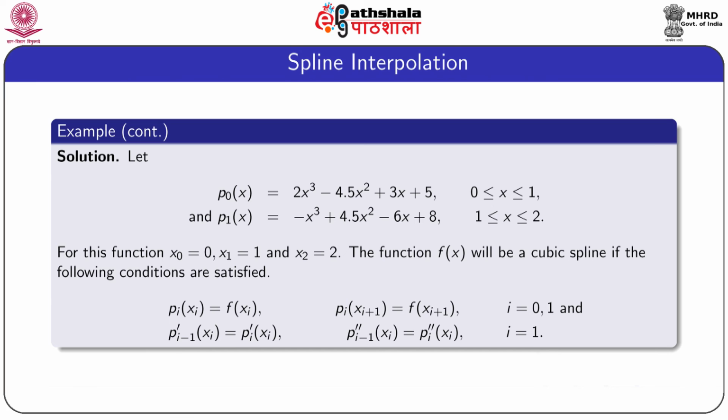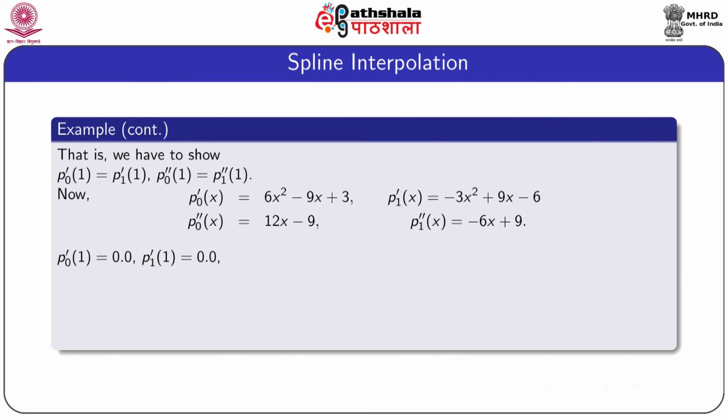And the third condition is the equal slope condition, that means the first derivative of pi-1 is equal to the first derivative of pi at xi, and the second derivative of the polynomial pi-1 and the second derivative of the polynomial pi are equal at x equal to xi, but these two conditions should be satisfied for i equal to 1 only.